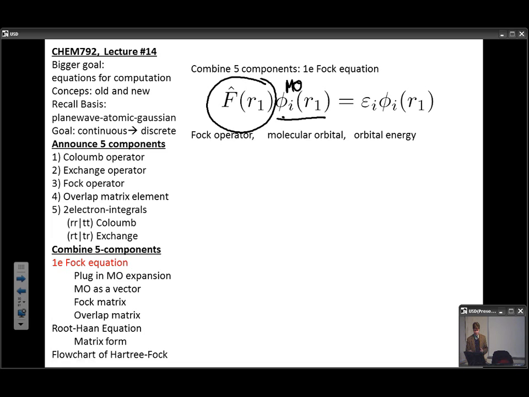We are going to find the molecular orbital, and we are going to find the energy of an orbital. And this is a type of problem that we know how to deal with. It is a standard problem of quantum theory. Time independent, not one-dimensional, single electron equation.